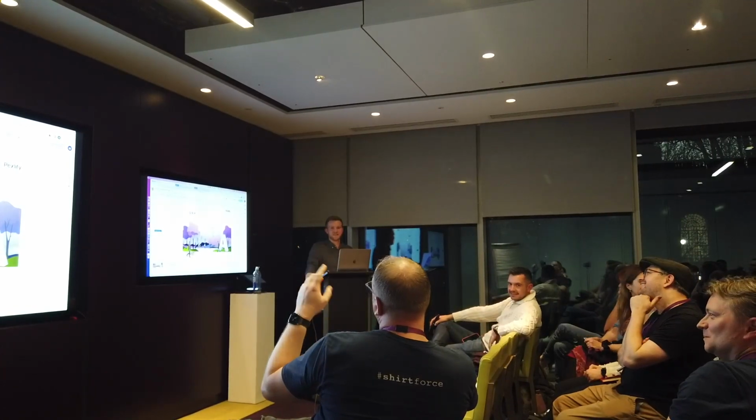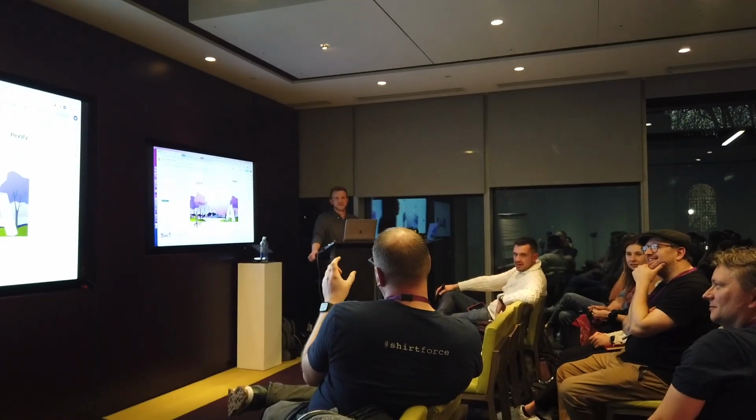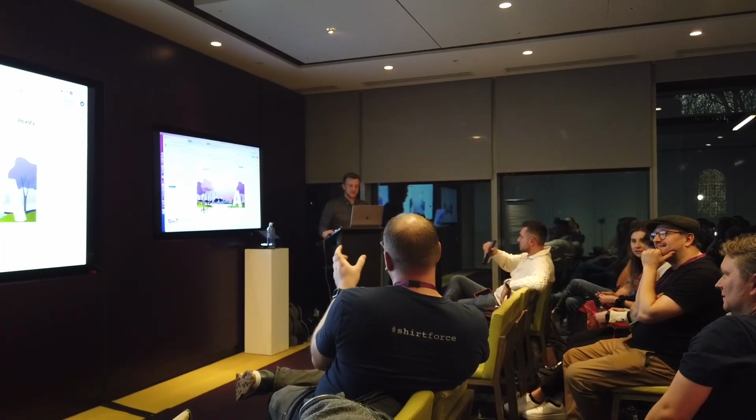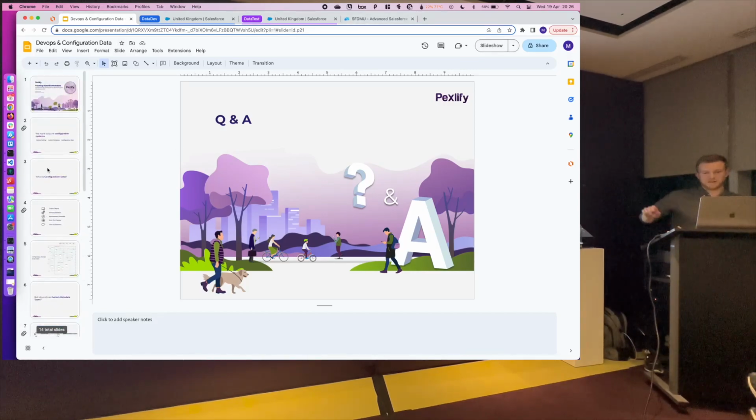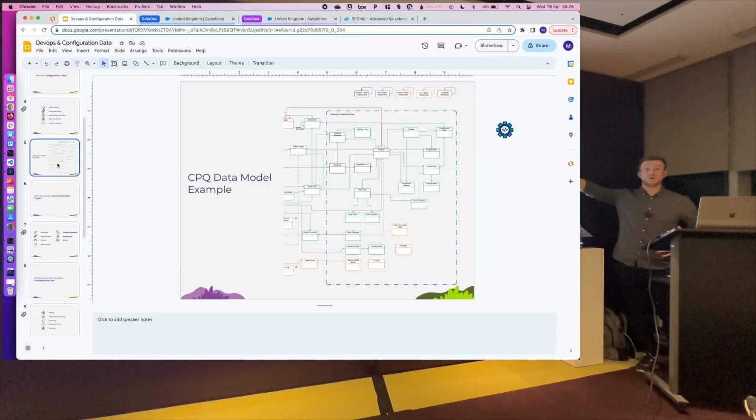Any other questions? Have you actually automated it into a deployment process? So if I come back to that example I had up here, this is a real world example where we used this tool to pull and push all of this data.